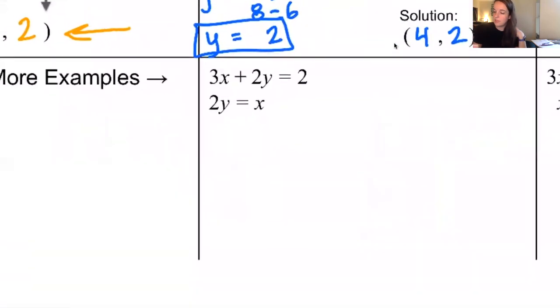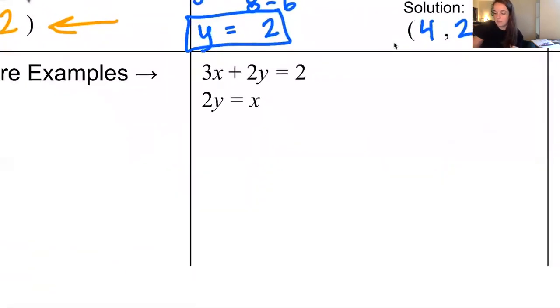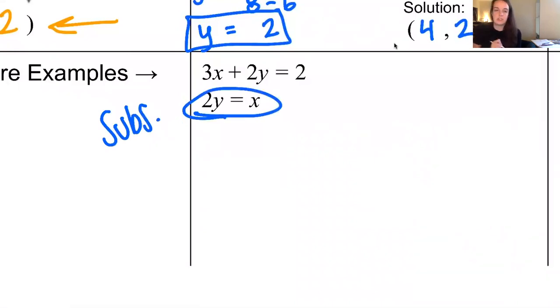So this one here, I'm going to use substitution. And the reason that I know that I want to use substitution is because one of the equations is already pretty close to being solved for a variable. In fact, it's already solved for a variable. We already know what x is, right?